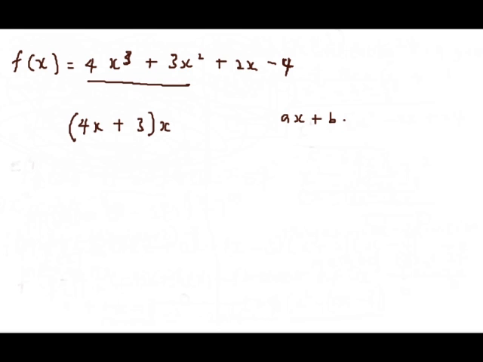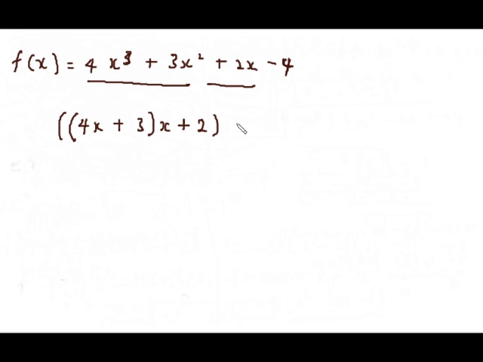Let me clean this out. So once the x is outside of the bracket, we add the next term. The next term here is plus 2x, but we are not going to be looking at the x. We are going to just be picking the number by itself. So we are going to be saying plus 2, and then we are going to be bracketing this whole thing.